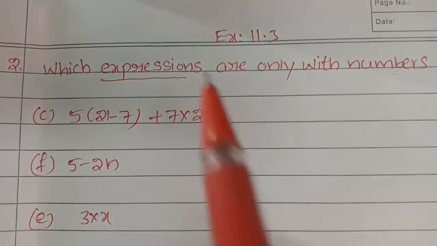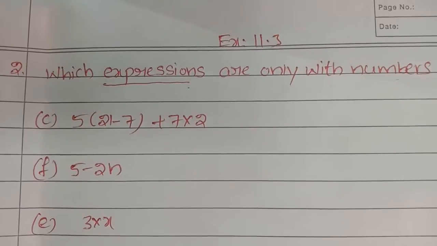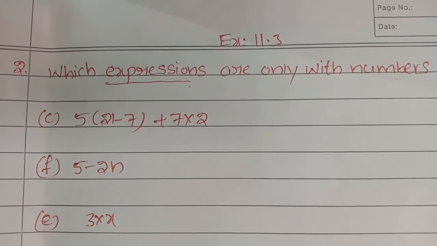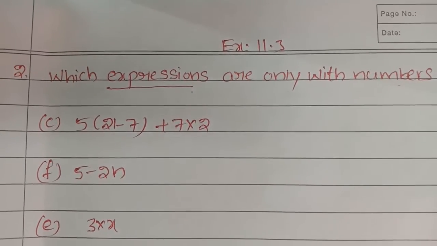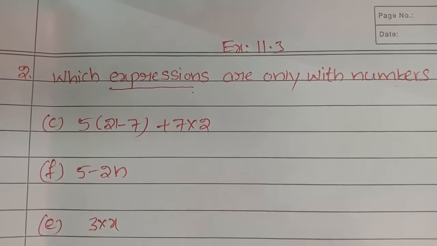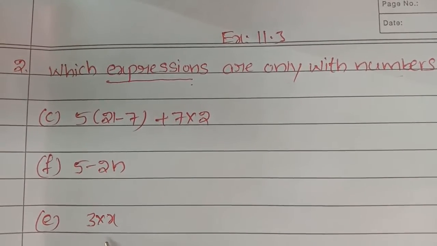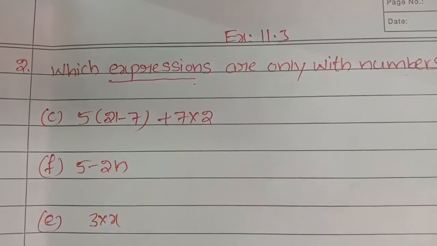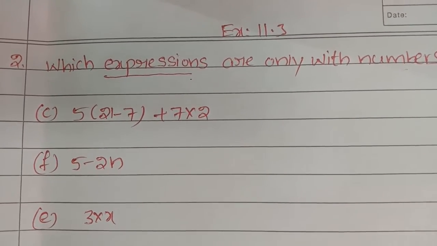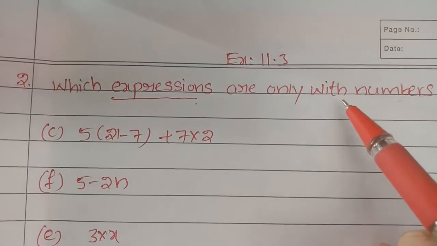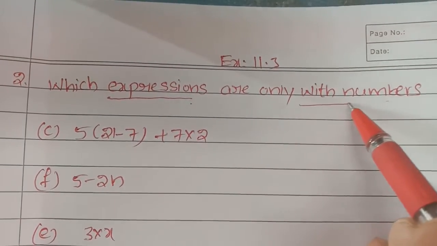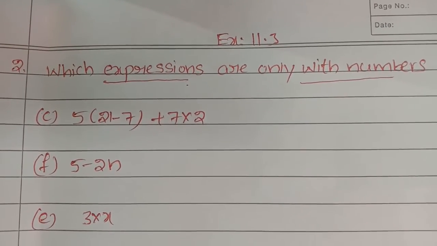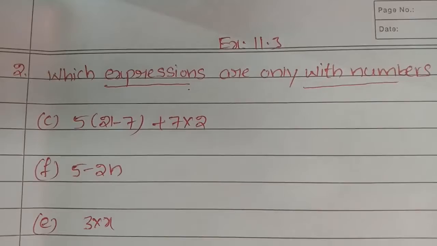Let me repeat, an expression is formed by constants, numbers, alphabets and operations like plus, minus, into, division. Some expressions are formed with only numbers and some are formed with numbers and alphabets. They are asking to identify which expressions are only with numbers.